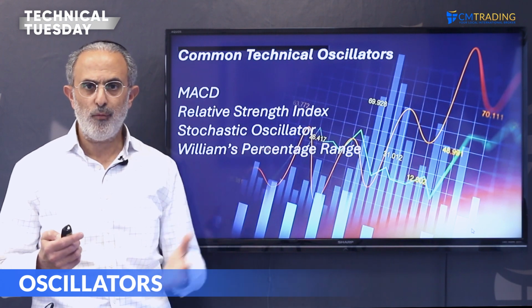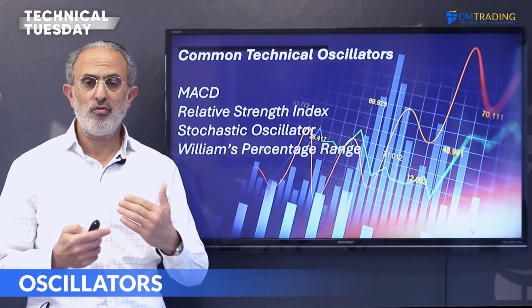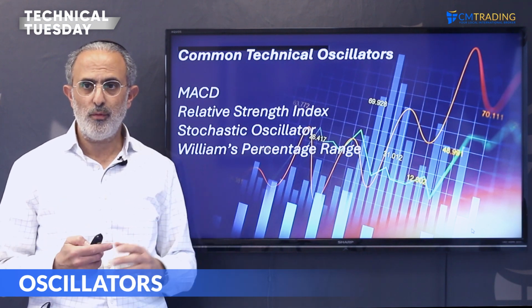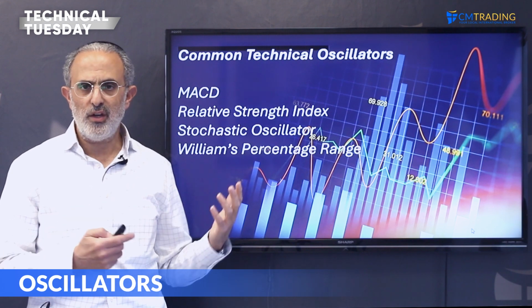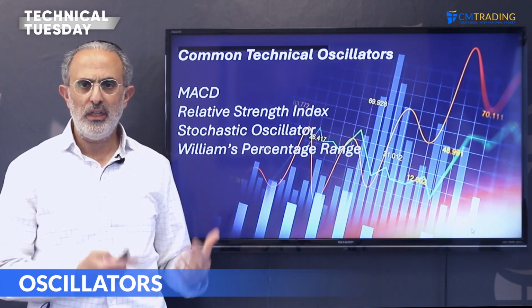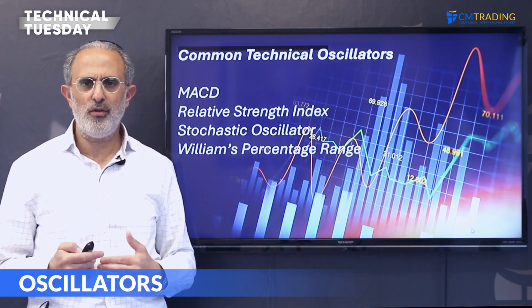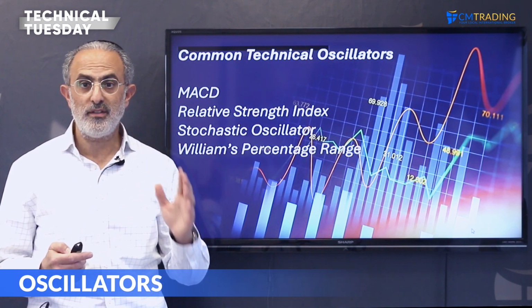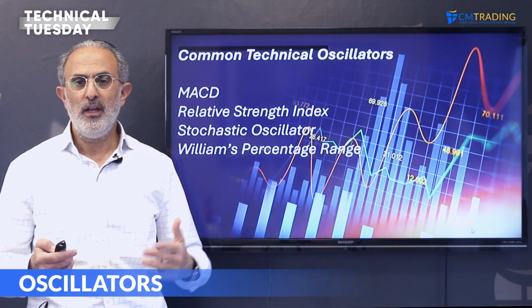However, here it's relative strength to itself and to its own momentum, which is really important. Stochastics are also used, and Williams Percentage Range is another very commonly used oscillator. They are very useful, and like I said, you want to use one at a time together with volume, support, and resistance. You want to keep it very clean, as I do.